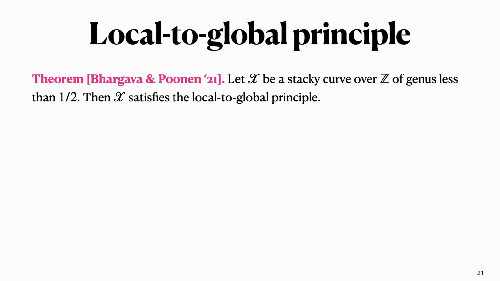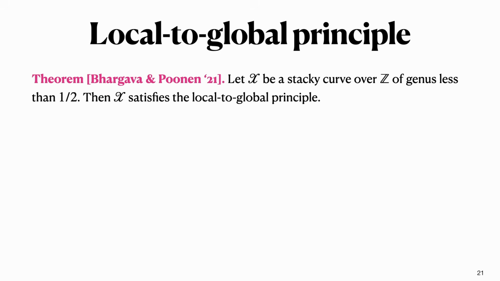Okay, so for the local to global principle, let's look at the first amazing result. So if you take a Stacky curve over the integers of genus strictly less than 1/2, then Bhargava and Poonen in 2021 published a paper that tells you it must hold the local to global principle.